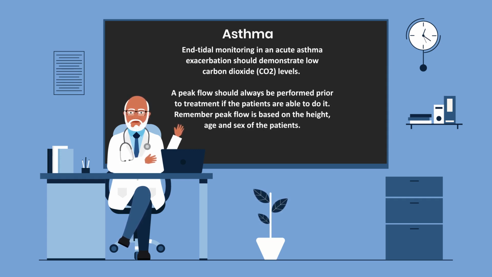But the effective management of the asthma patient is based on the clinical picture and not a number. Very important for you to keep that in mind. Now, the question you'd ask is this: are numbers important? Yes, they are important, but they should be interpreted relative to the clinical presentation and the clinical progression of the patient as treatment is being given.